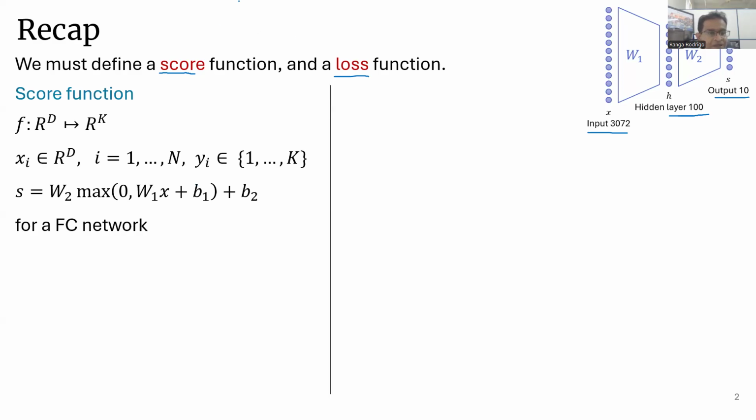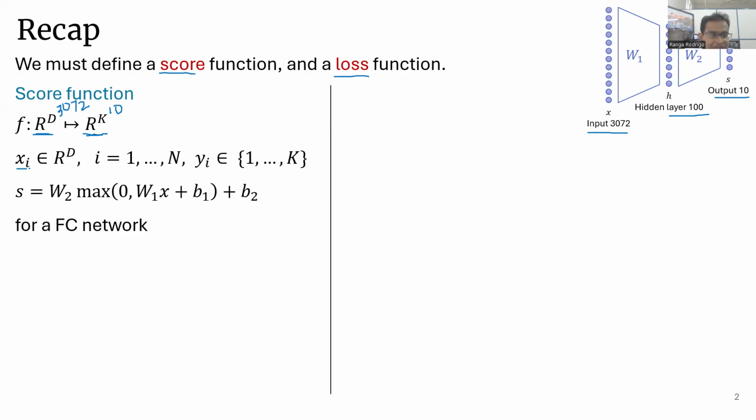Yes. So the score function will be from the dimension of the input image to the number of classes. So D can be 3072 and so on, and K can be 10.